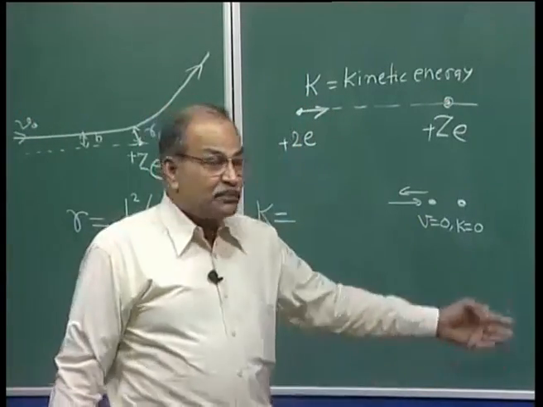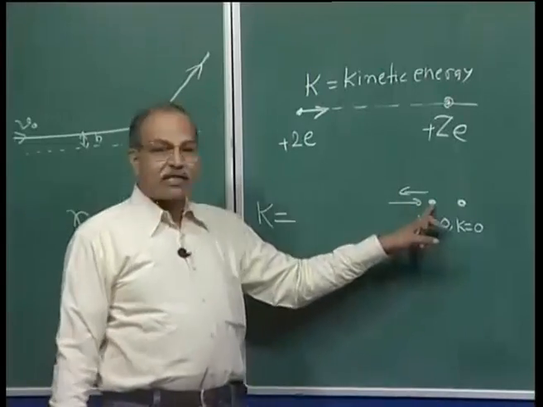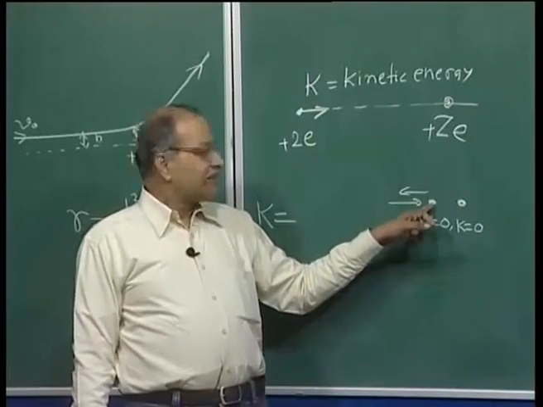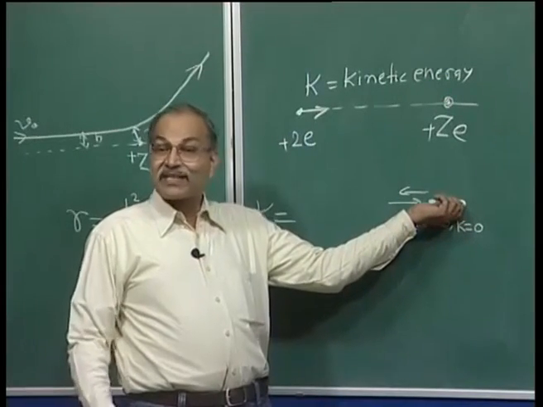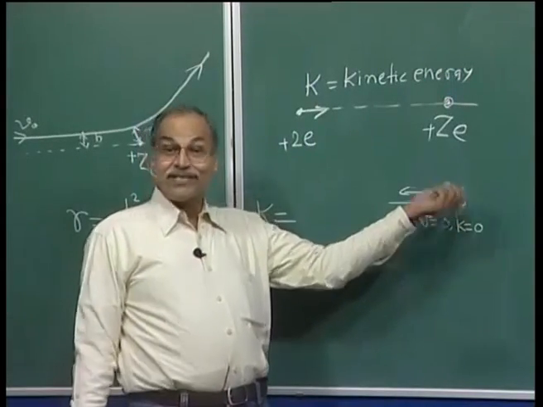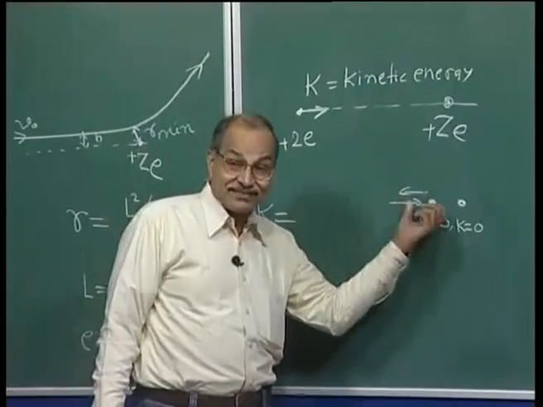Now, in this picture the alpha particle remains an alpha particle and this nucleus remains this nucleus. So, no internal structure is changing, and hence this is elastic scattering, right.